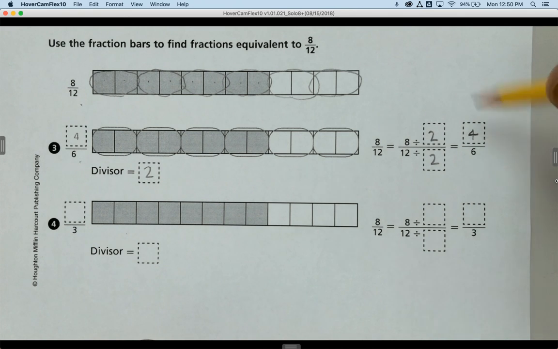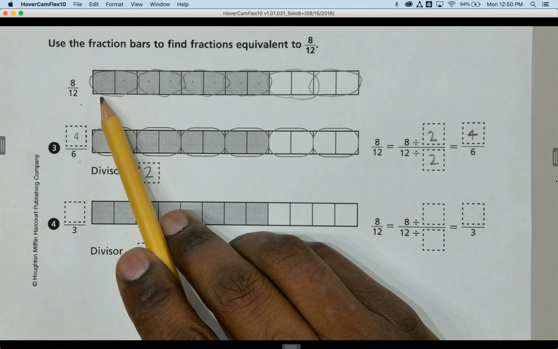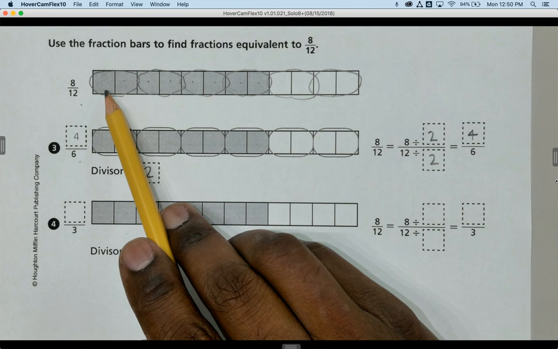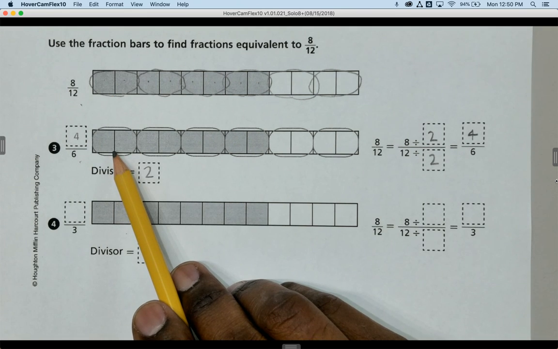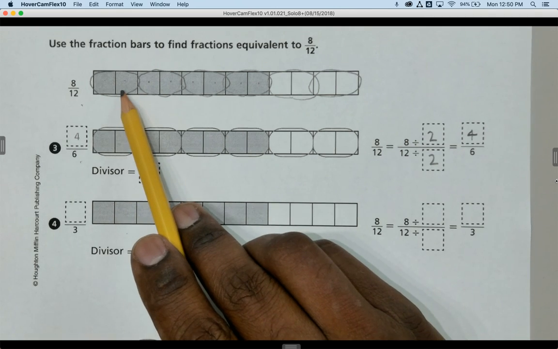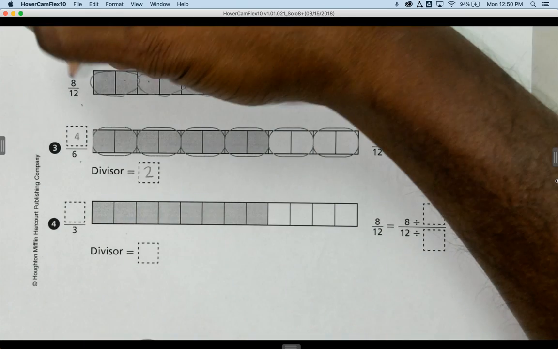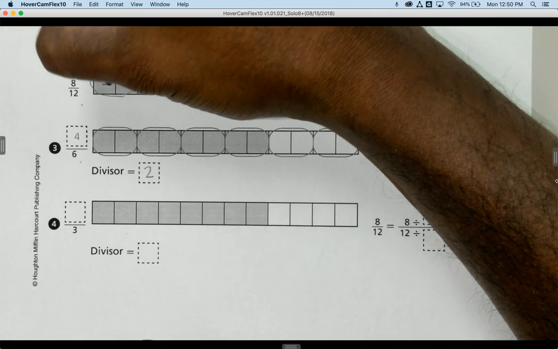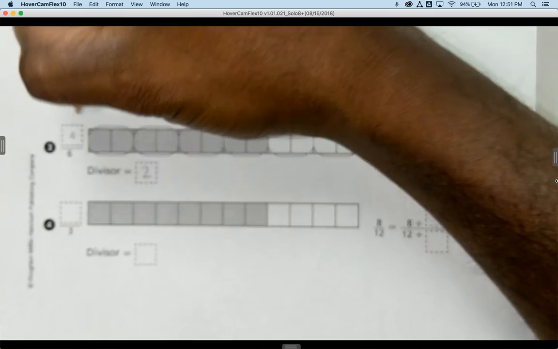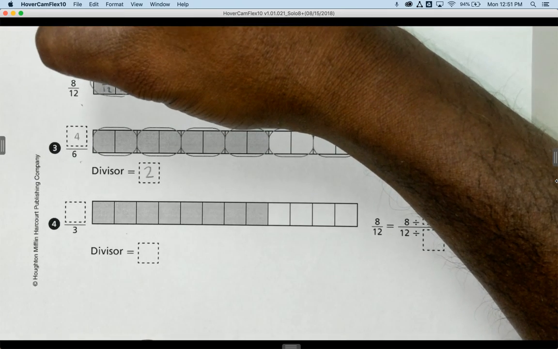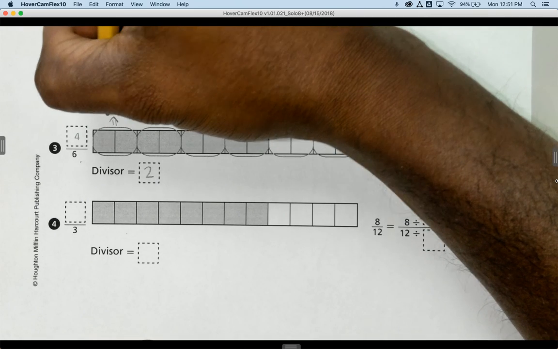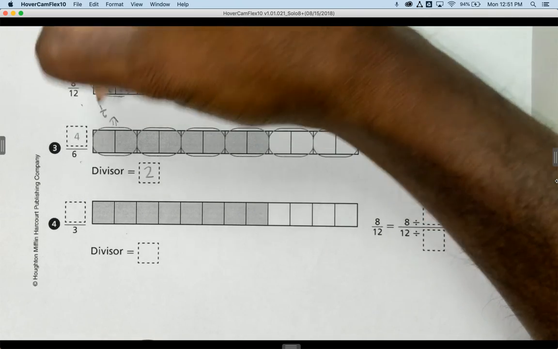Well, if you think about the original model, we had 8/12, and then if we see this equivalent fraction 4/6, we simply bundled or grouped each of those 12ths into groups of 2. So where you had a 1/12 and a 1/12 before, now you combine them to get 1/6.